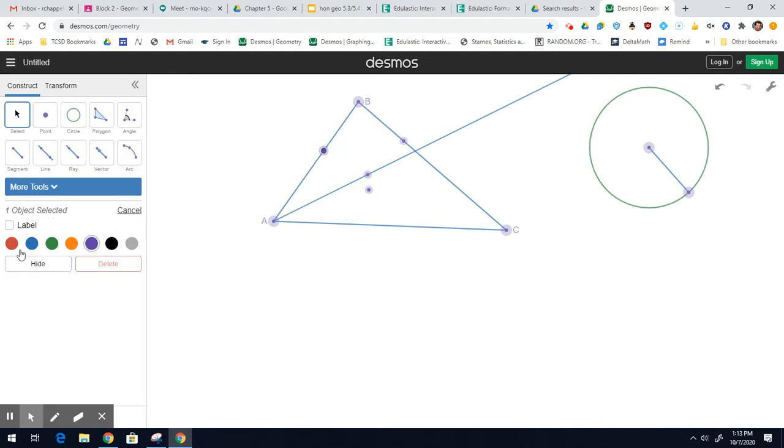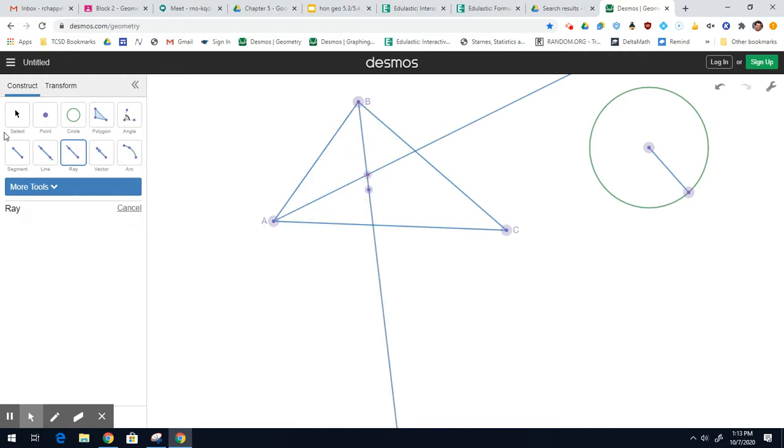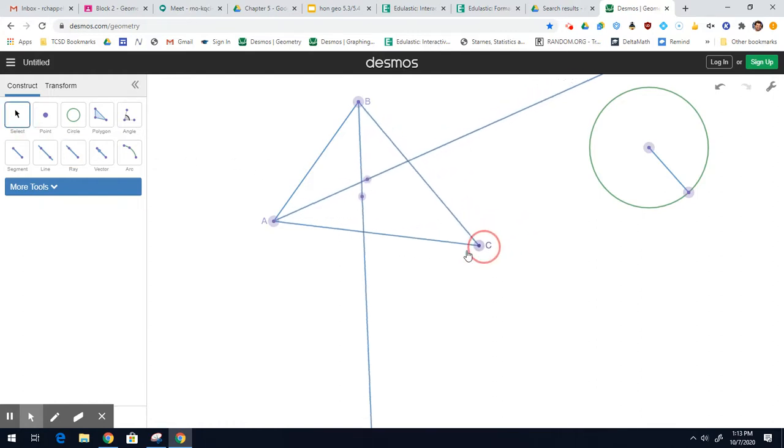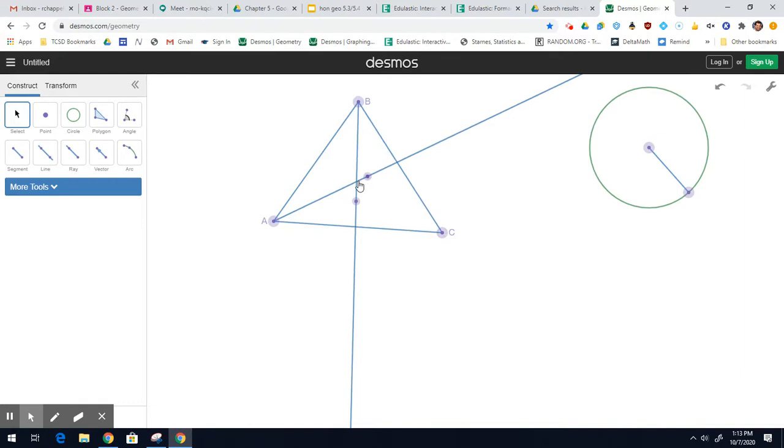We can hide these side points. And we can draw this ray. And there is the second angle bisector. And again, let me move C so that, okay, so there. Notice that where these 2 lines meet right here, that point is the incenter.